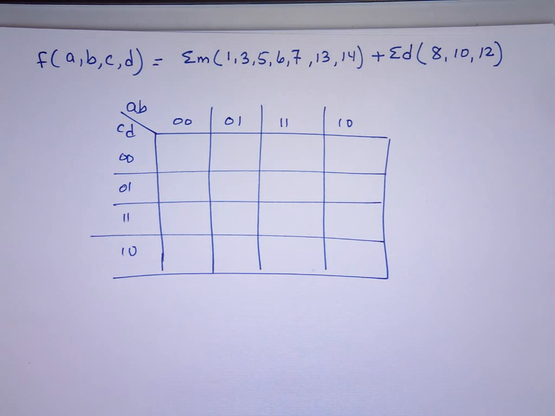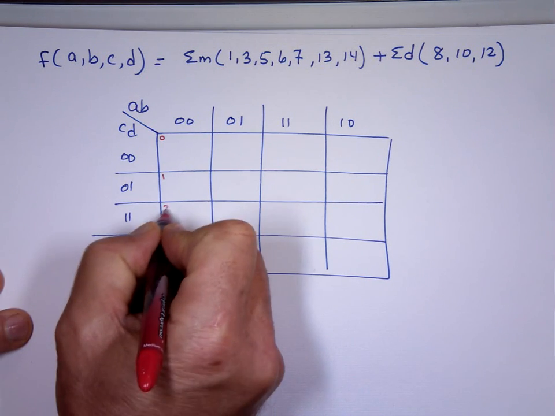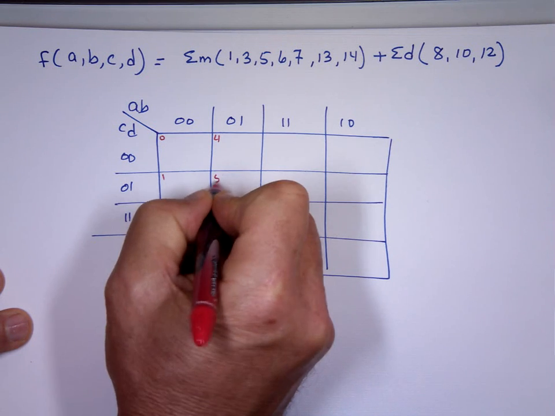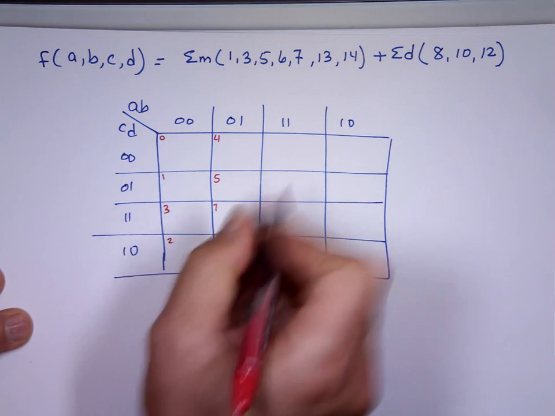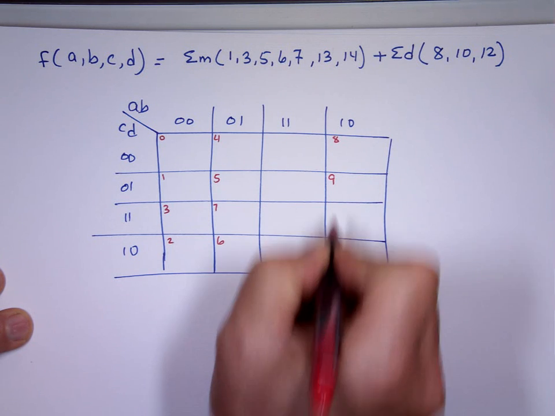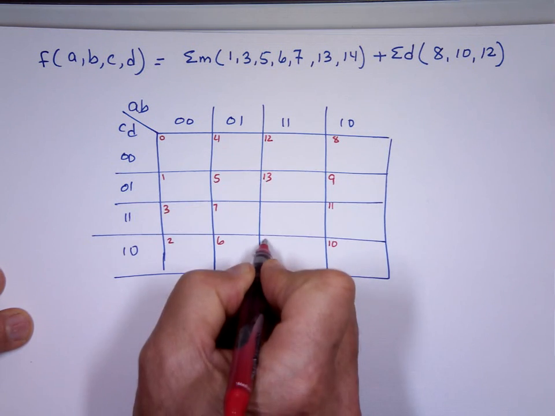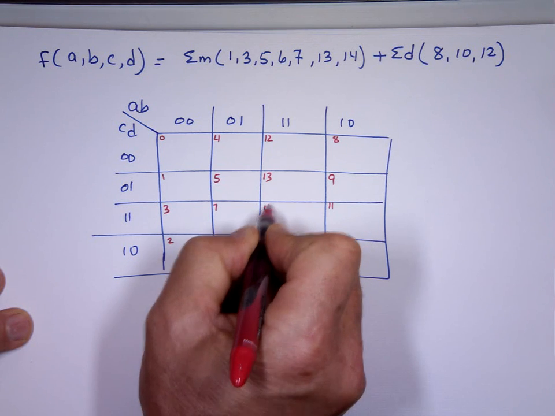I like to label the locations again, makes it easy on me. 0, 1, 2, 3, 4, 5, 6, 7, 8, 9, 10, 11, 12, 13, 14, 15.